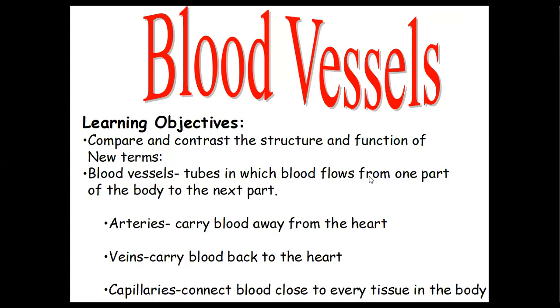And continuing, tubes in which blood flows from one part of the body to the next part. For example, from the heart, one blood vessel is called artery. You know it. In the first lesson, we did an exercise. Do you remember? Artery carries blood away from the heart to the organs.